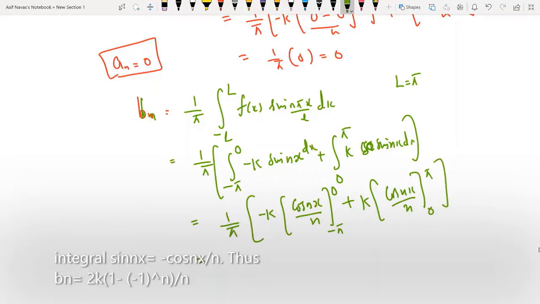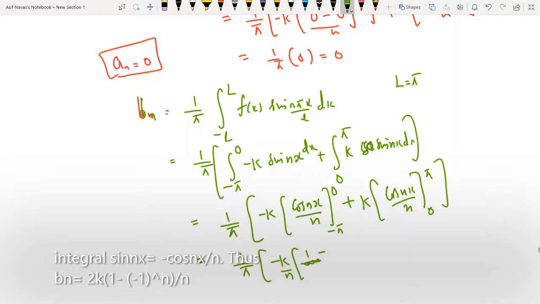So this is equal to 1 by pi, minus k into cos 0, which is 1. I can take n outside, so 1 minus cos of minus pi.